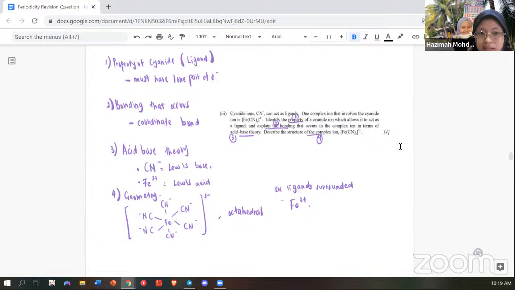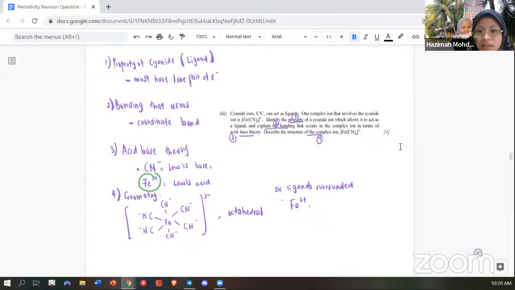So kita explain pula yang CN ni dia act as Lewis base and Fe ni dia act as Lewis acid. Sebab Lewis acid is electron acceptor. So yang akan accept electron tu is the central atom, which is the Fe. Fe is the central atom that will receive the lone pair. Dia akan accept the pair of electron. So dia akan act as Lewis acid, and then CN tu terbalik pula, dia akan act as Lewis base. And tu third requirement dia.